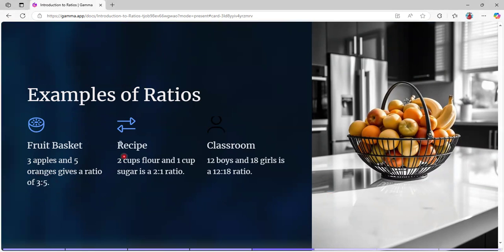Okay, so in a recipe, we need 2 cups of flour and 1 cup sugar, which is a 2 to 1 ratio also. In your classroom, if there were 12 boys and 18 girls, we can write a ratio like 12 boys to 18 girls. And this is also called a ratio.